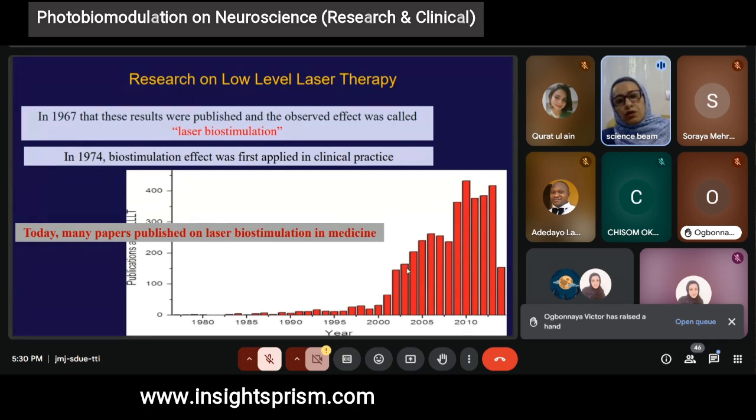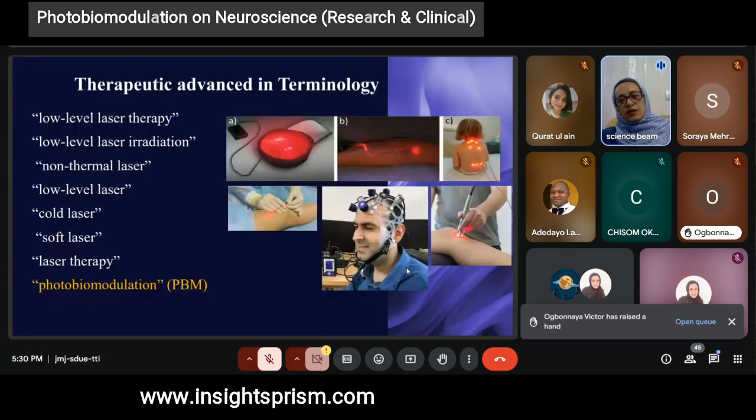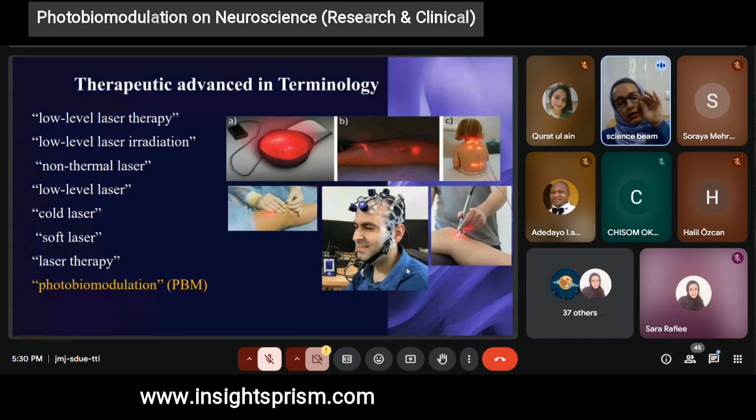Research on low-level laser therapy has drawn more attention because the effects are very interesting, and nowadays you can find many papers published on laser biostimulation in medicine. This topic has some terminology. At the first discovery of this technique, it was called low-level laser therapy, low-level laser irradiation, non-thermal laser, or low-level laser.